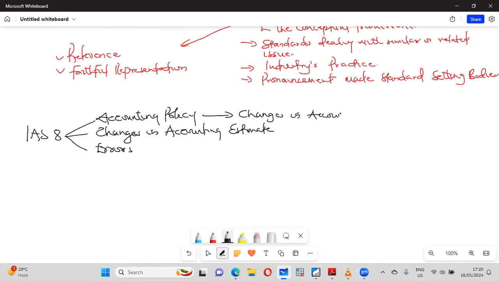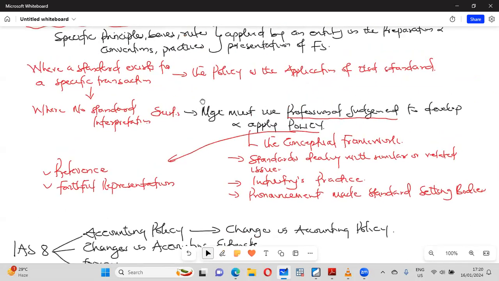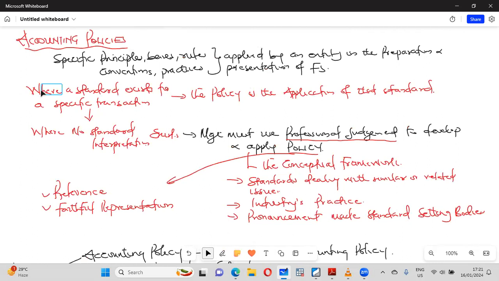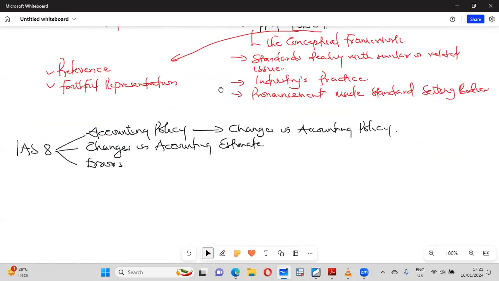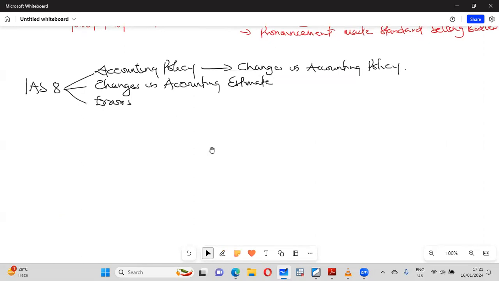Because what you have to understand is that when it comes to the examination of this standard, at this level, nobody is going to ask you what is an accounting policy. But most of the time, they look at the changes and how we treat them. So now we know what a policy is and how a policy should be developed.